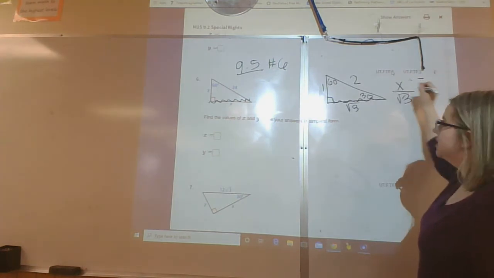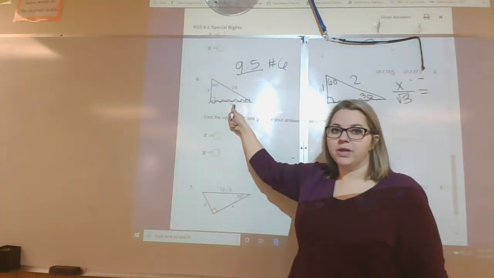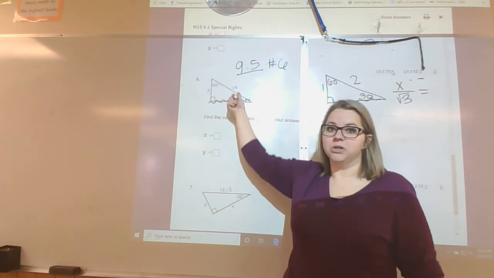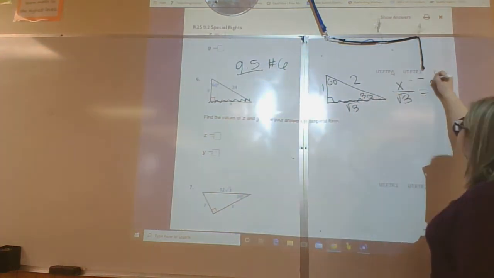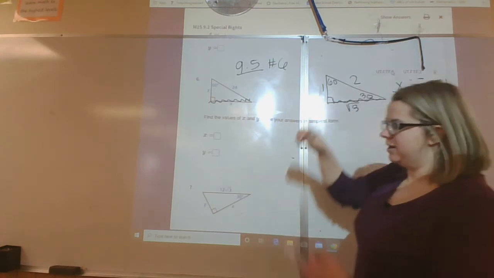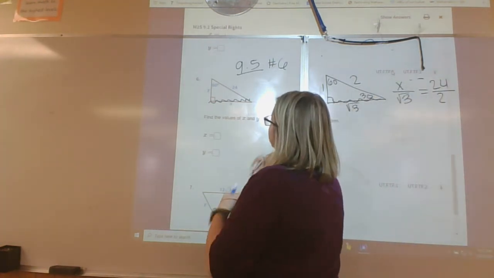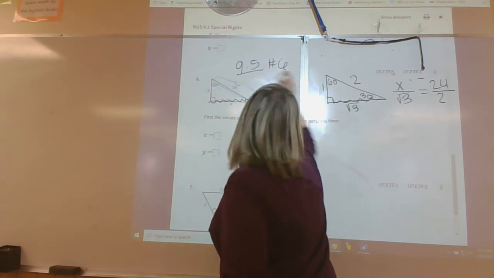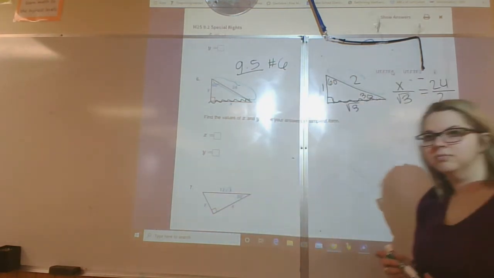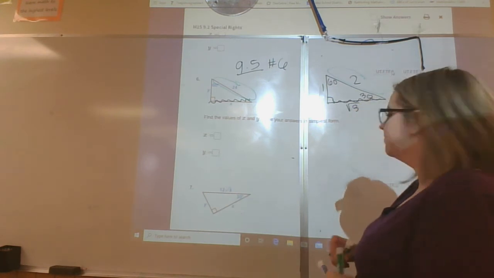So again, I have my x. The only side I have a number on says 24, so I'm going to use my 24. 24 over 2. This side here goes with this side here. You can see that? Okay.